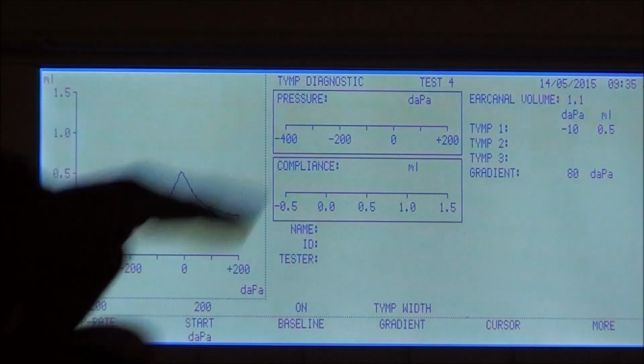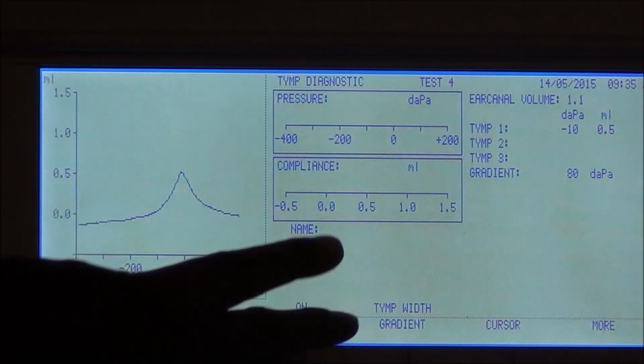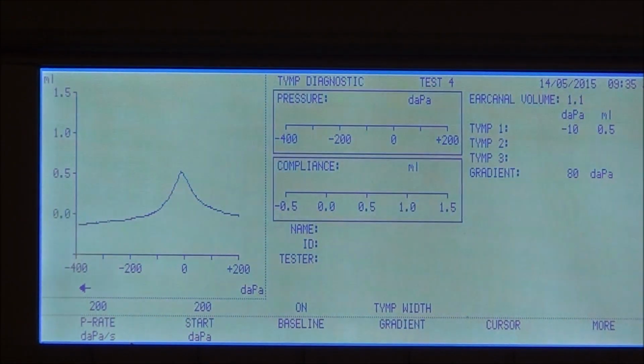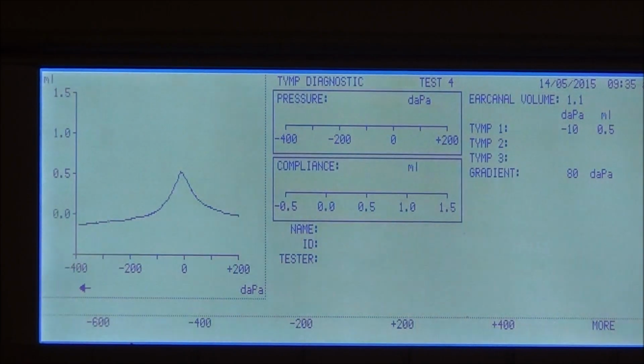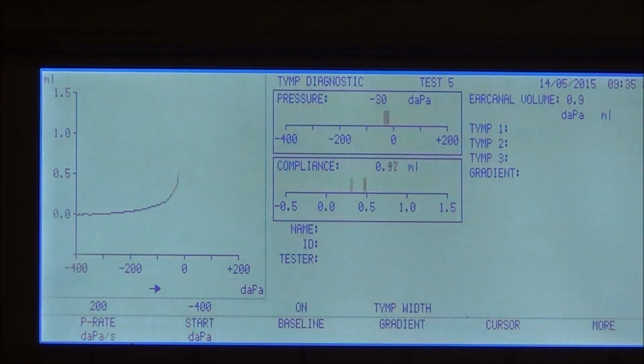And did you also see the air canal volume changing between the negative side and the positive side? Yes. Which was more? From positive side to negative side was more. And also did you see the TPP? This is minus 10 now. Okay, so if I change it to minus 400, you see what happens. Zero.